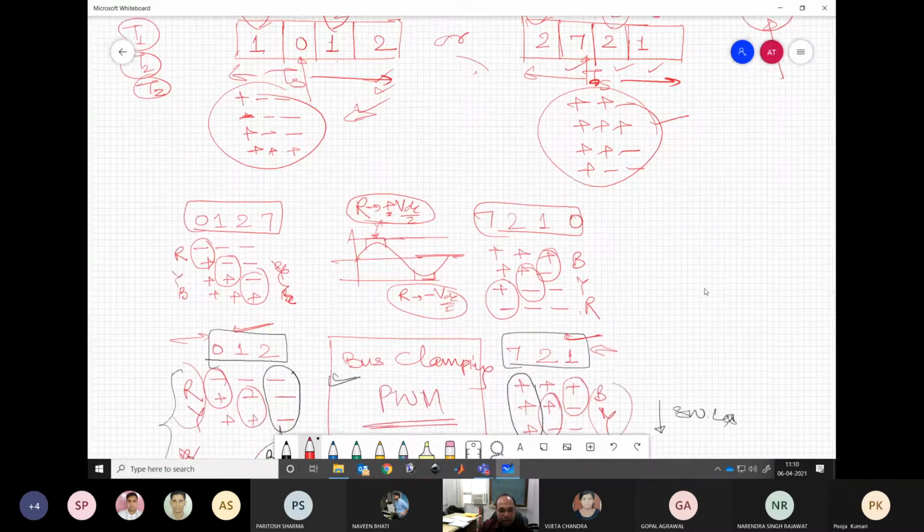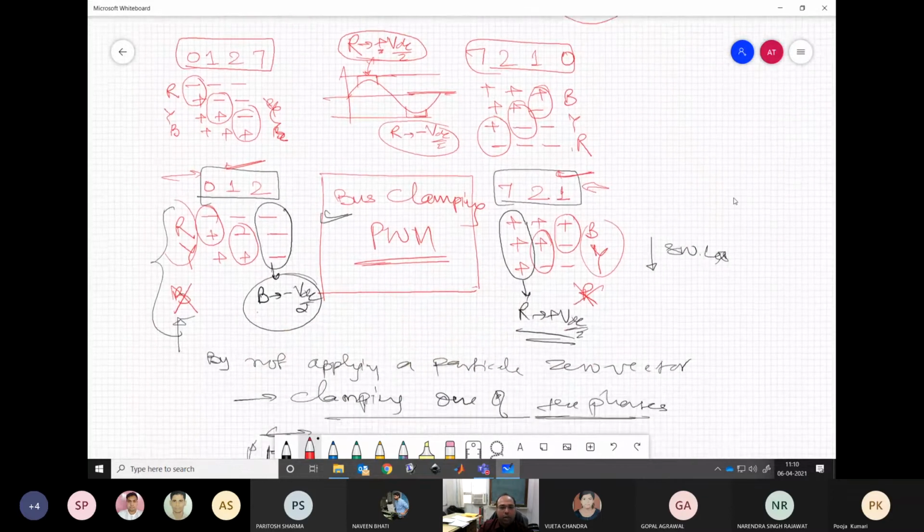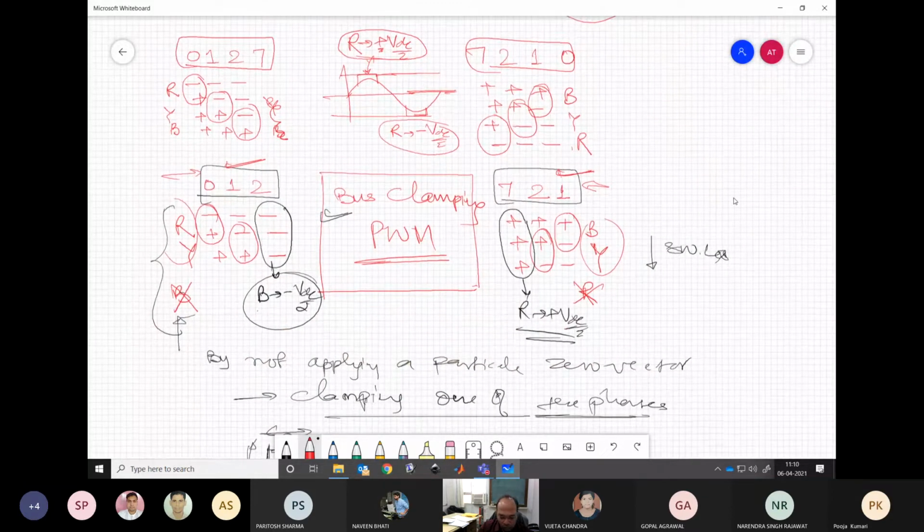Now, what is actually happening in these sequences? When we have the sequence 0, 1, 2, 7, each phase is switching once when we apply these four voltage vectors. R, Y, B are sequentially switching, either RYB or BYR.